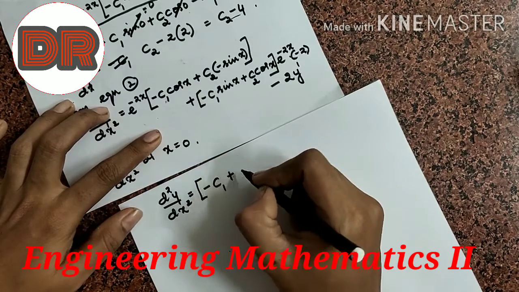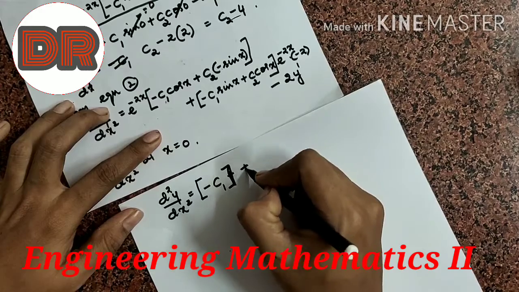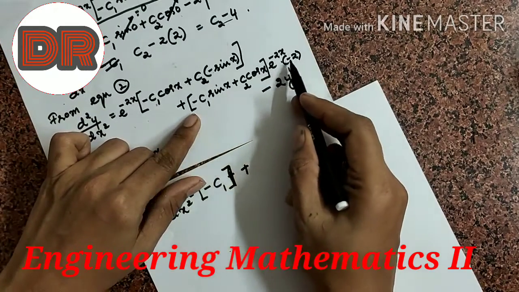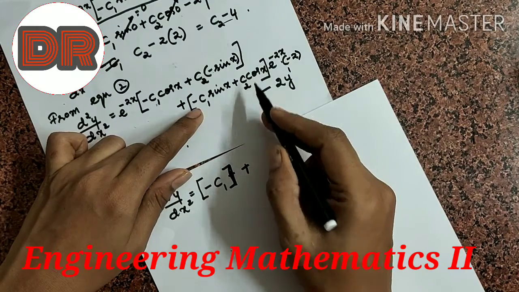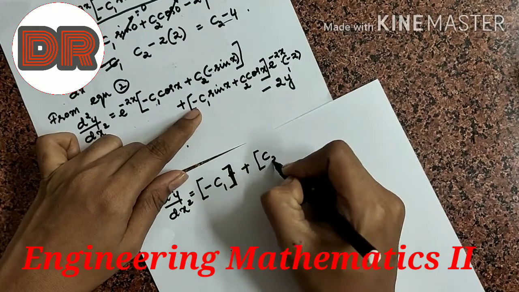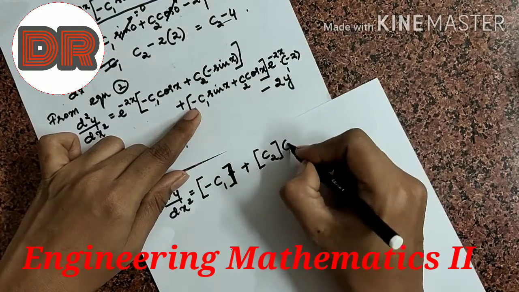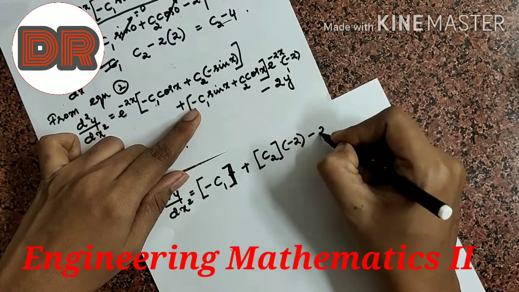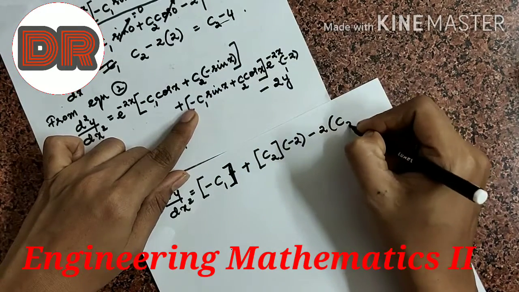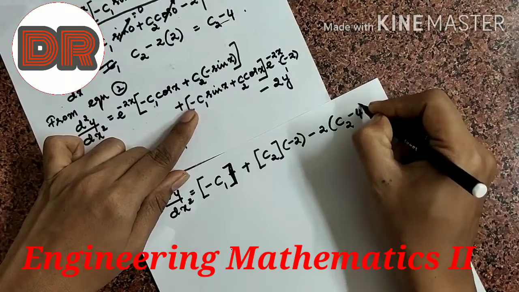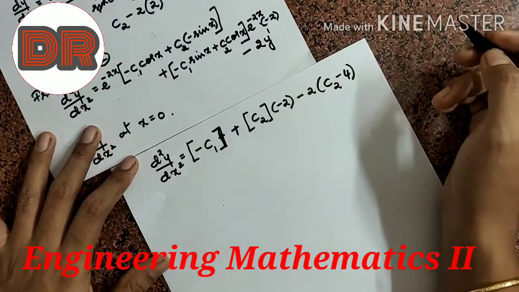And plus this term: minus c1 sin 0 is 0 plus c2 cos 0. So, it is c2 e to the power 0 is 1 into minus 2. Minus 2 y dash. What is y dash? We already have, it is c2 minus 4.